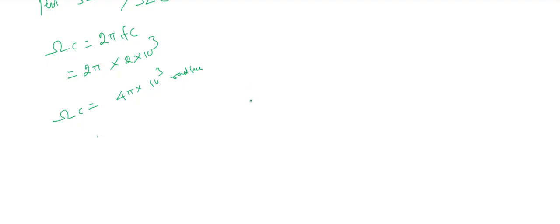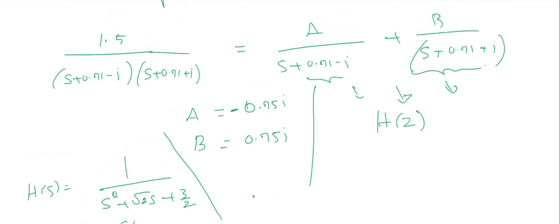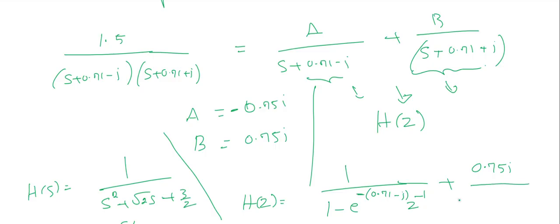Okay, by using the impulse invariant method, this H(z) can be written as 1 divided by 1 minus e to the power of minus (0.71 minus j) z inverse, plus 0.75j divided by 1 minus e to the power of minus (0.71 plus j) z inverse.